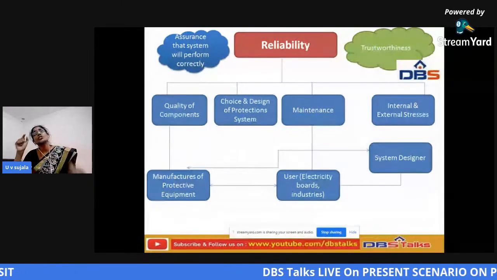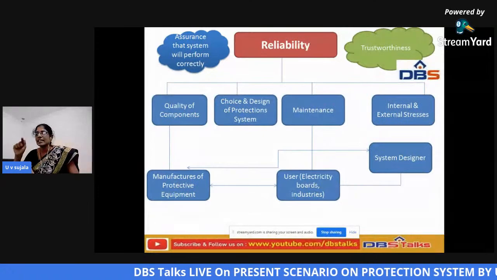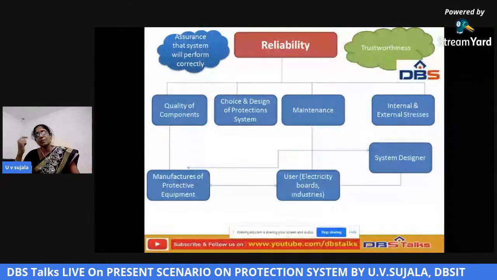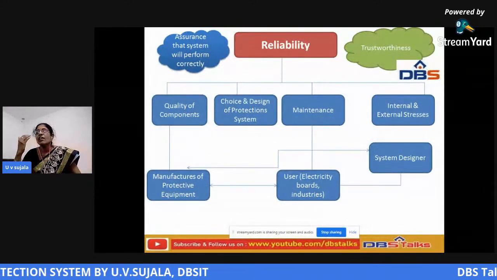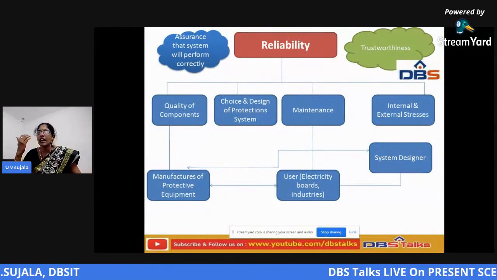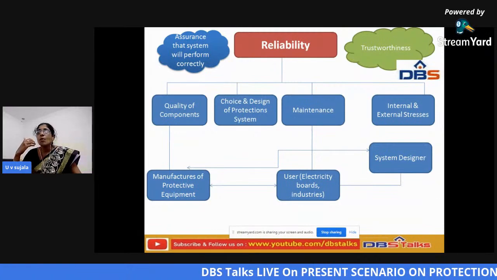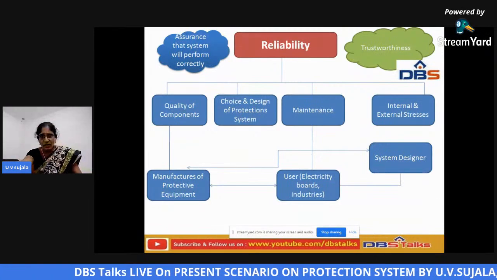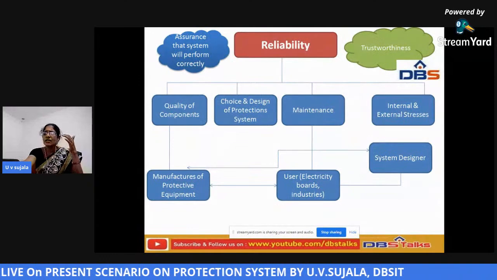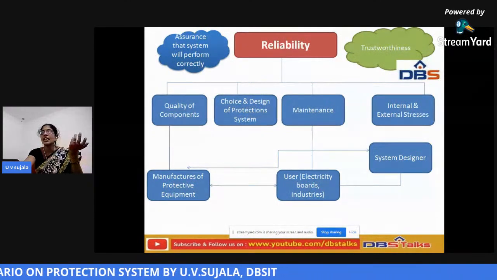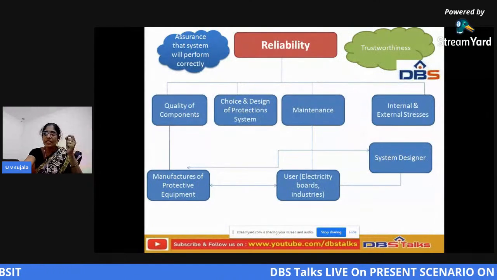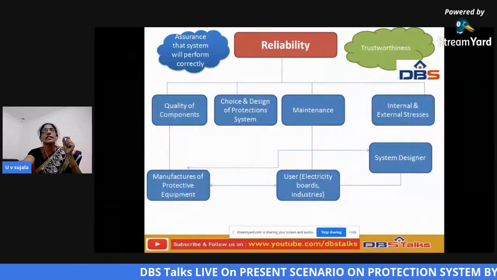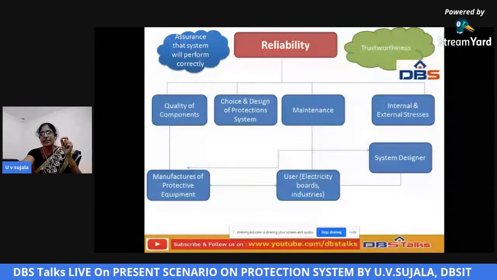That means assurance that the system will be correct. Devices must function consistently when a fault condition occurs, regardless of possibly being idle for months or years. Without reliability, systems may cause costly damage. So reliability means assurance the system will perform correctly.